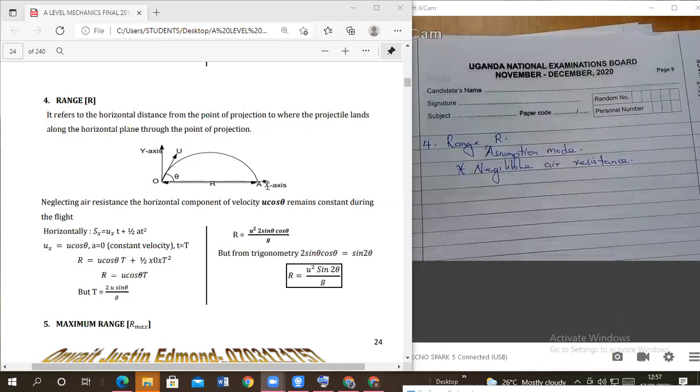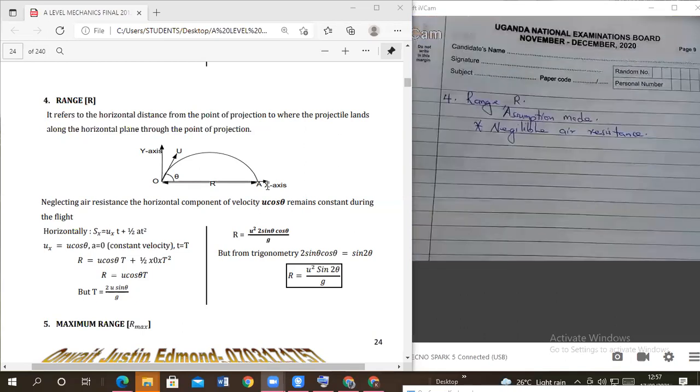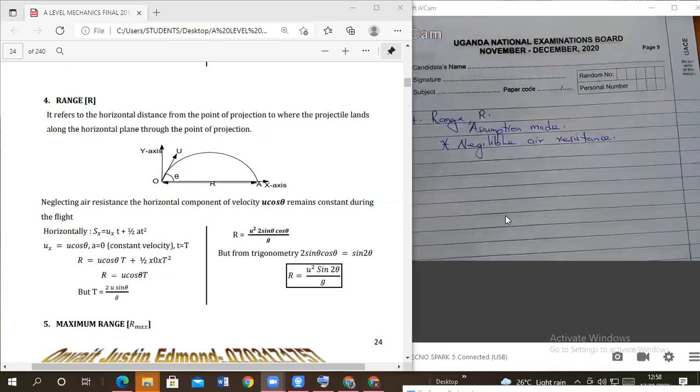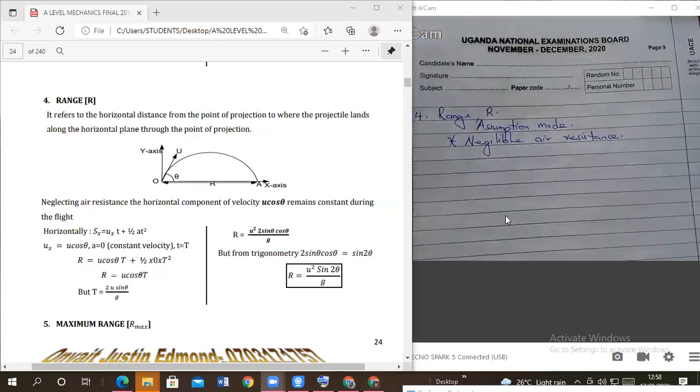Because we know air resistance can affect the motion of a body, but this time when we are doing this calculation, we neglect the air resistance. Take note of that. Sometimes they may ask you to state the assumption made in your calculation.